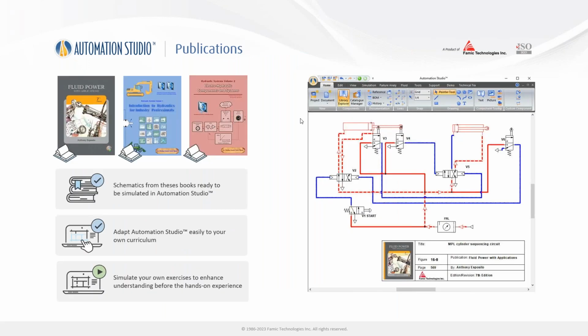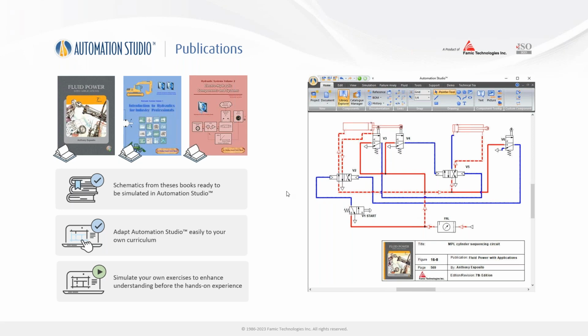These are a few of the publications which are available in Automation Studio. All the publication circuits that we have in Automation Studio are ready to simulate. All you have to do is select the circuit which you want and simulate it. You can also create your own circuits and add them into Automation Studio, so it is very easily customizable.